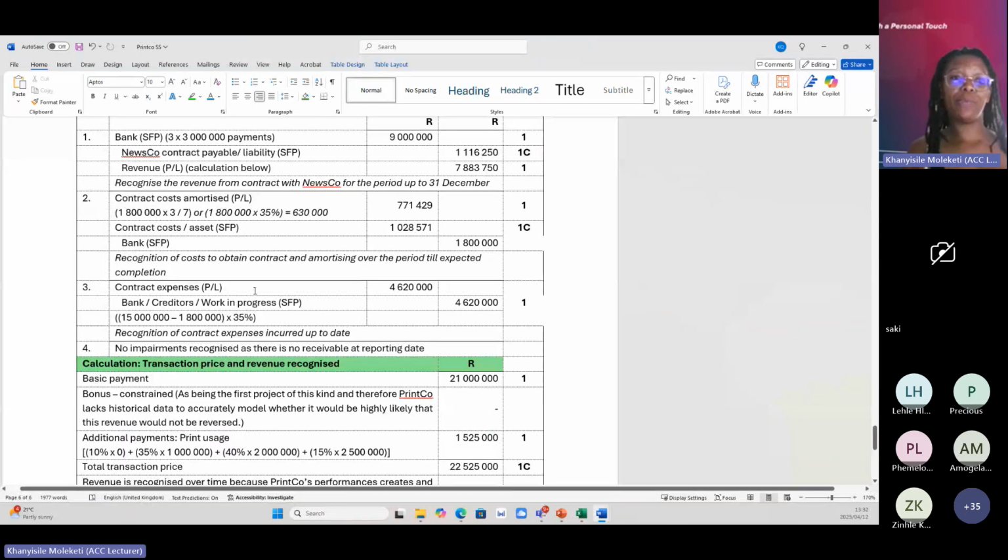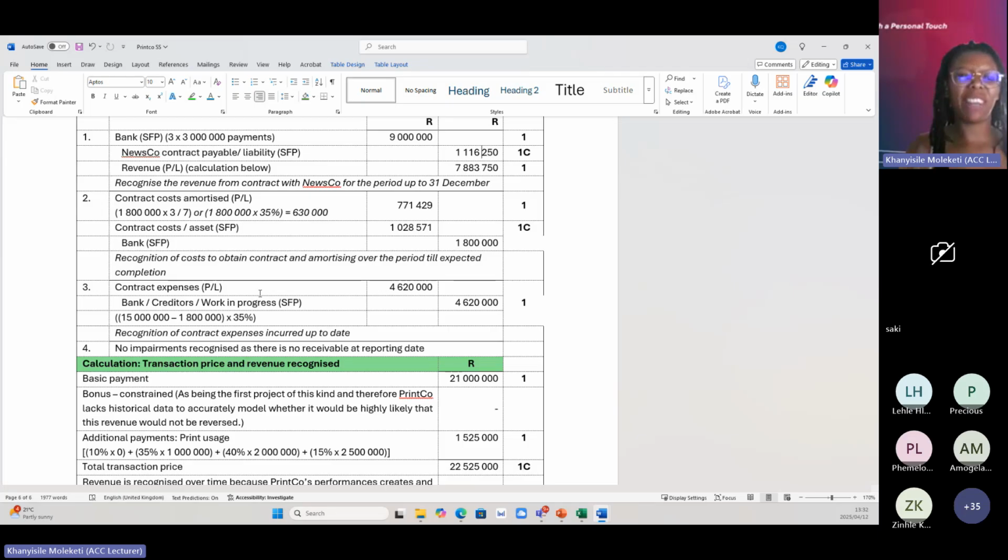Then we also know that part of IFRS 15 speaks about contract costs. An incremental cost of obtaining a contract, for instance, would be stuff like commissions. So the commission, if you've got staff that you promise a commission to if they bring certain contracts in.